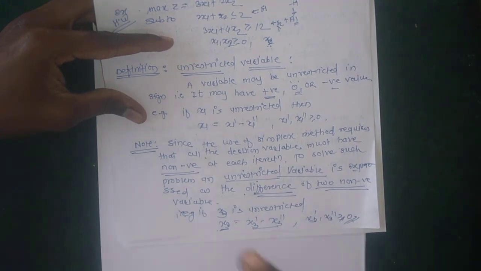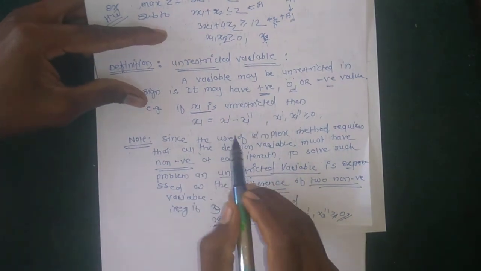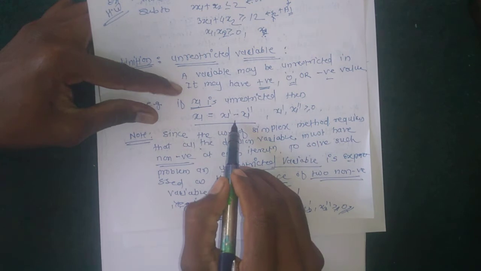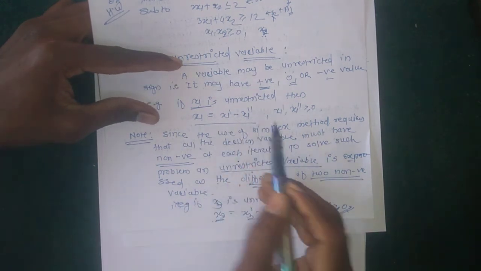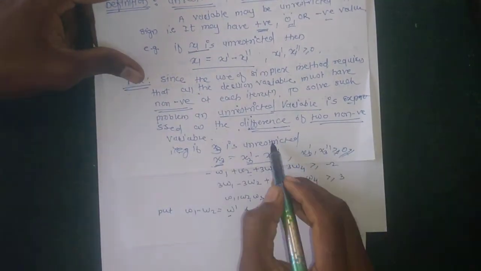So when x1 is unrestricted, we put x1 equal to x1 dash minus x1 double dash, that is, we write it as a difference of two non-negative variables.